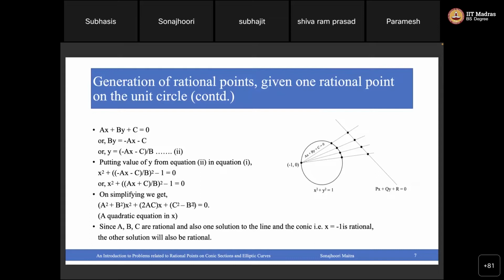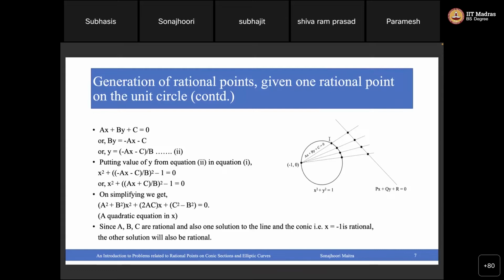Because a, b, and c are rational. So in a quadratic equation with rational coefficients, if one of the roots is rational, then the other root has to be rational, because irrational roots for a quadratic equation with rational coefficients will always exist in pairs. So if we already have one rational root, the other root must be rational. So the x coordinate of this point is rational.